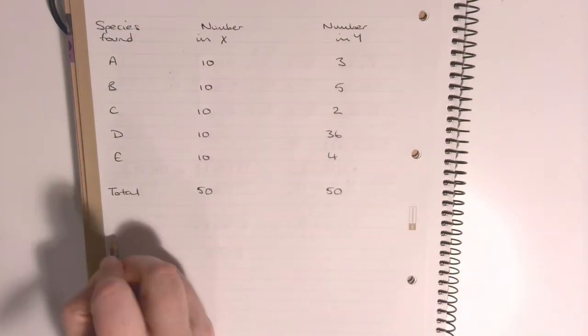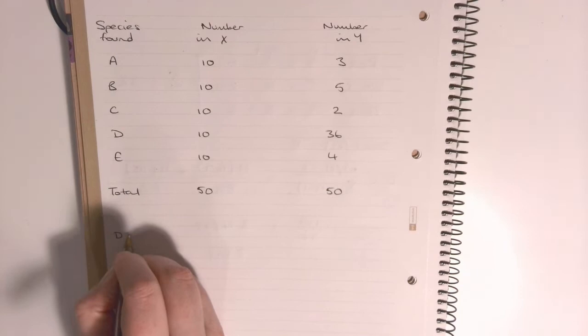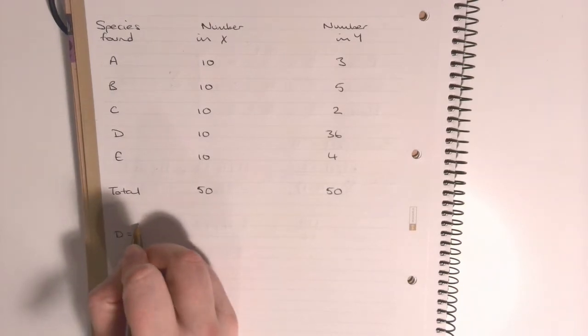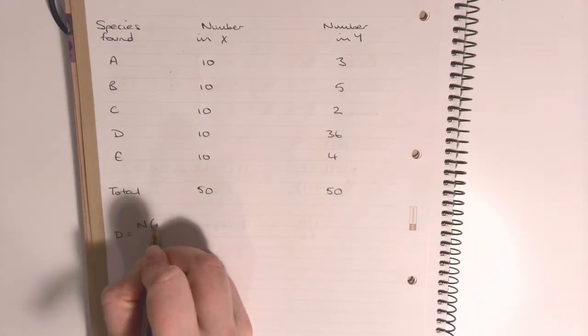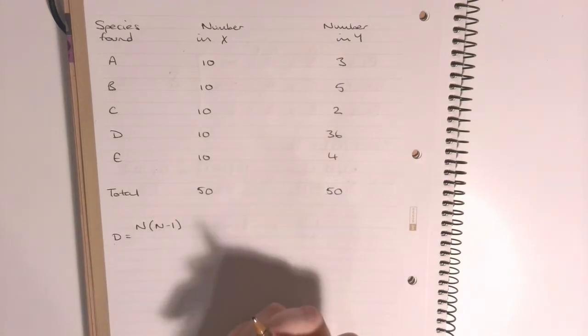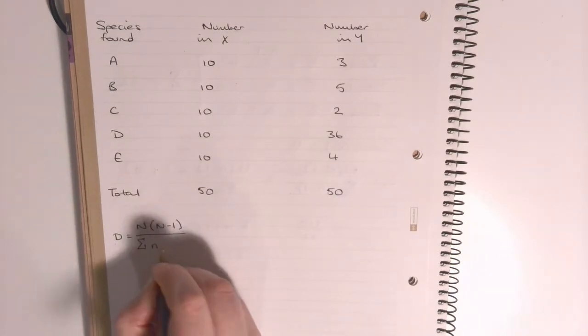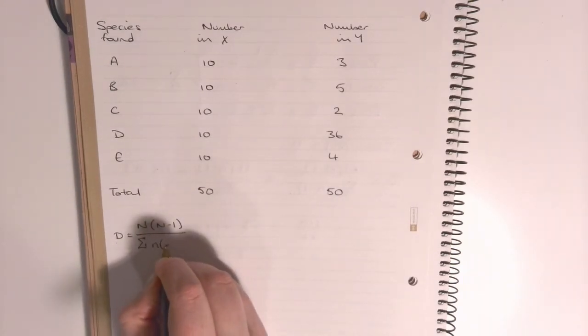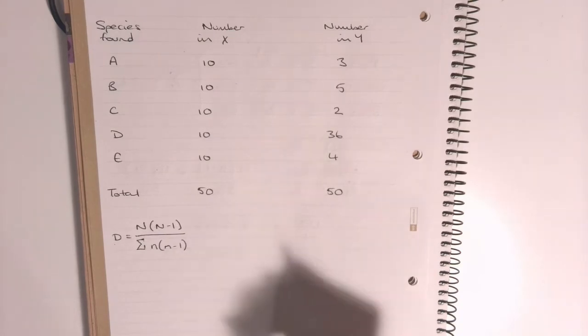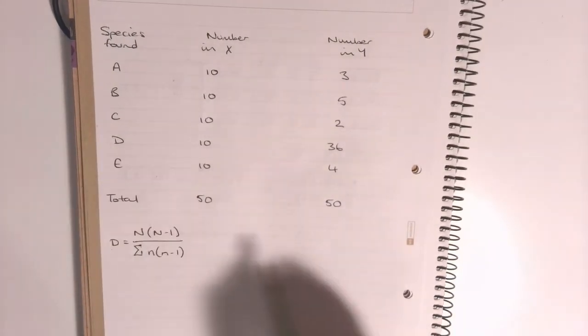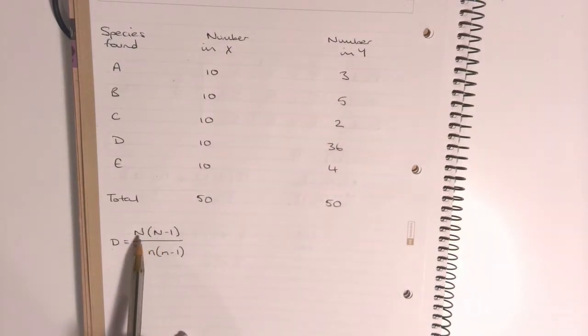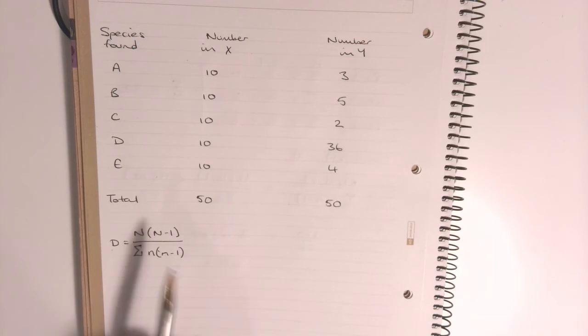So we need our formula. Diversity is equal to total times total minus 1, capital N, divided by the sum of each individual species times each species minus 1. When you get a table of information, it's important to identify which symbols match which bits.